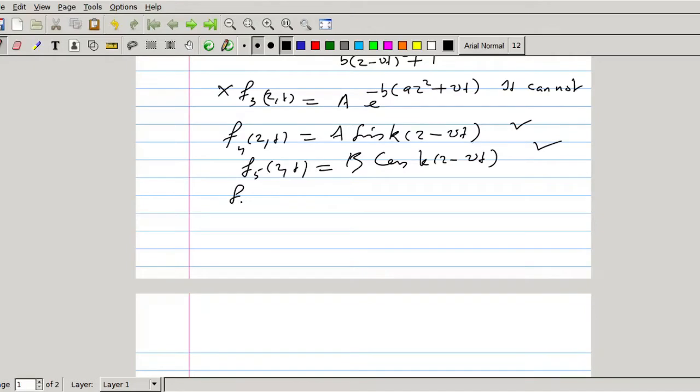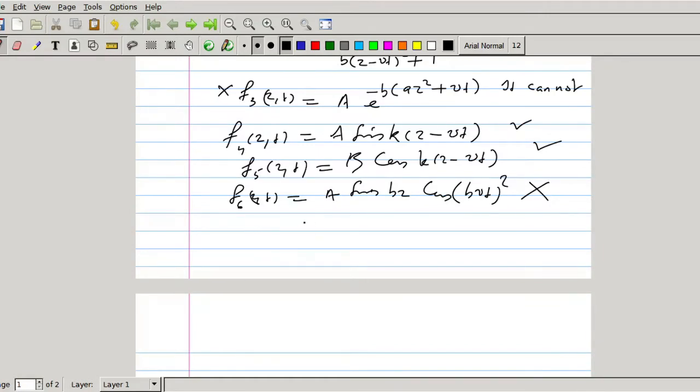Or you can have f6, another function of the form a sine bz cos bvt. If we have a function a sine bz cos bvt square, this is a function of z, this is vt square, so this cannot represent a wave.